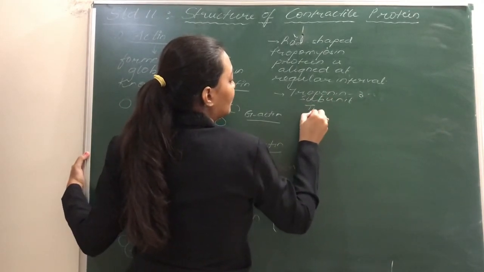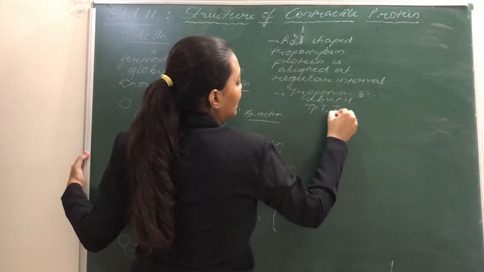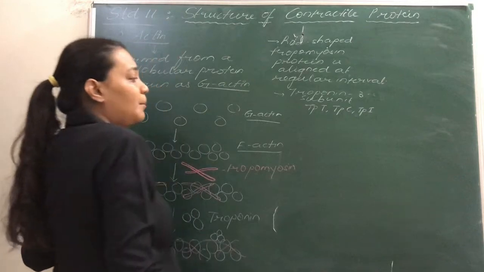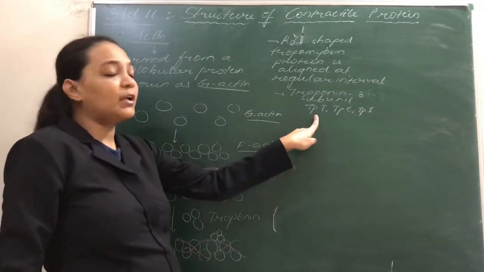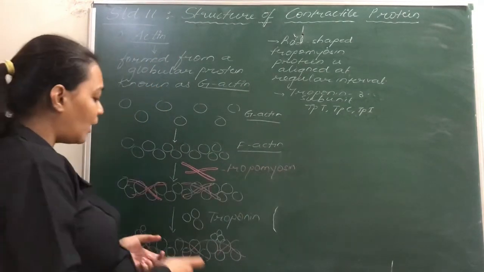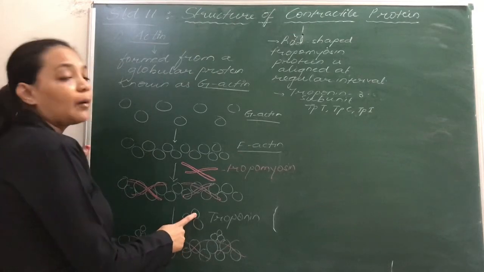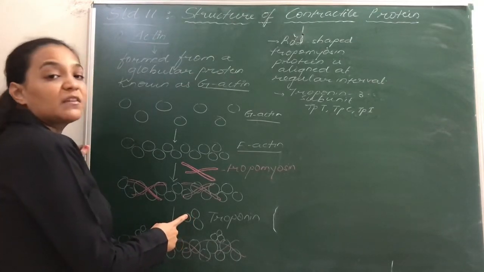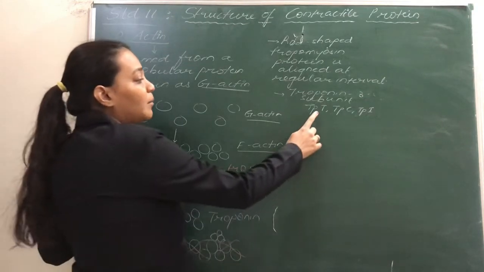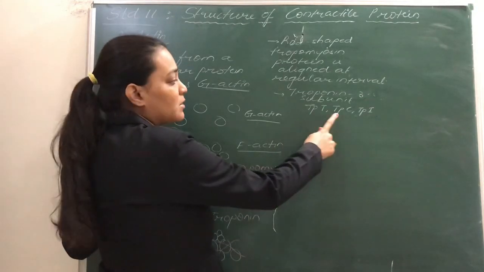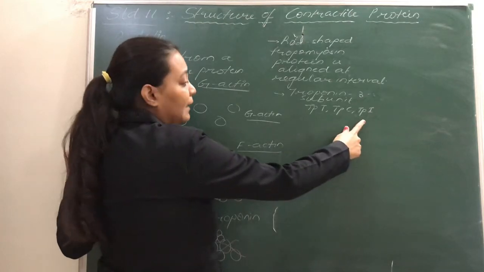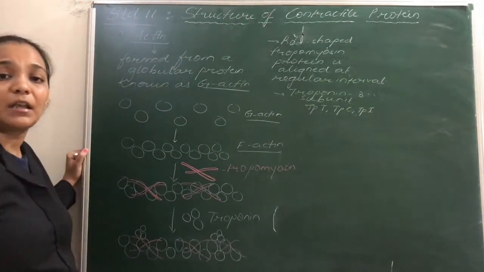These subunits are known as TnT, TnC and TnI. Troponin has 3 subunits, TnT, TnI and TnC, of which TnT is for attachment with tropomyosin. TnC is the site for attachment with calcium and TnI is an inhibitory site.